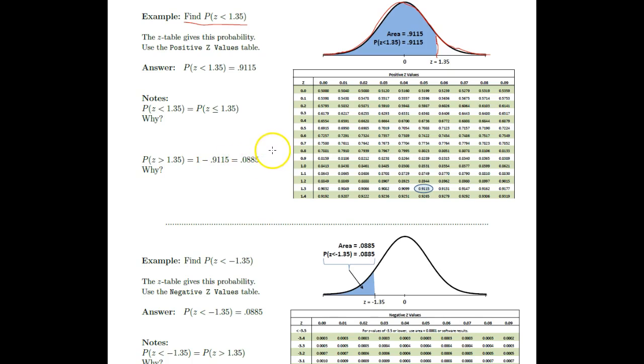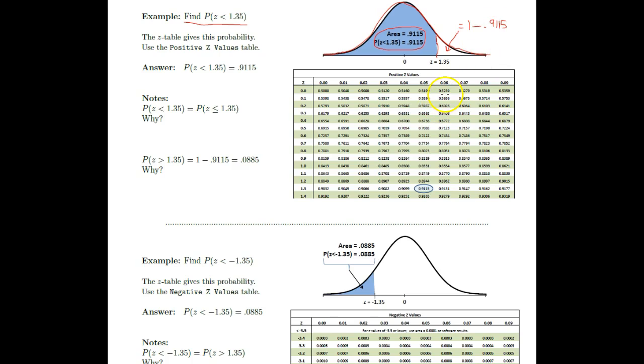Why is that the case? So this area right here has a probability of 0.9115. Why does this area here equal 1 minus 0.9115? Why is that the case?